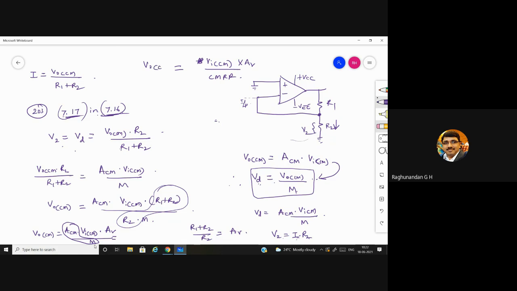This is the equation for the common mode output voltage with respect to the amplifier gain, common mode input, and CMRR. They will be asking you to find or derive the relationship between the common mode output voltage, common mode input voltage, and CMRR. So till here you need to derive. The rest is all for your subject understanding.